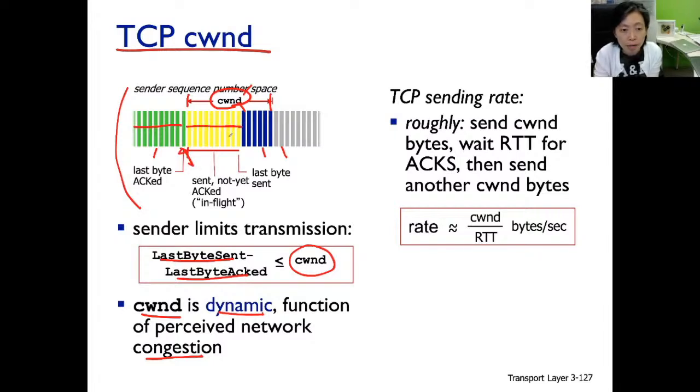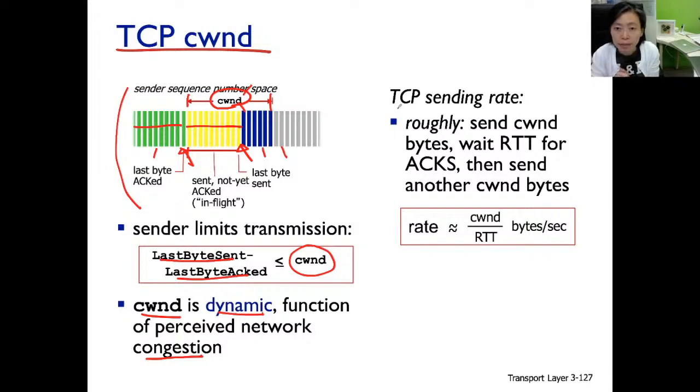Yellow here are the bytes sent but not yet ACKed. So the last byte sent is the last yellow. Subtracting the last green from the last yellow gives the number of yellows. So CWND limits the number of yellow bytes there can be at best.